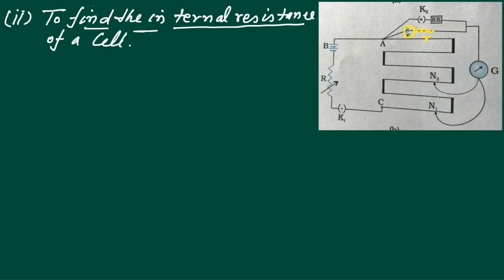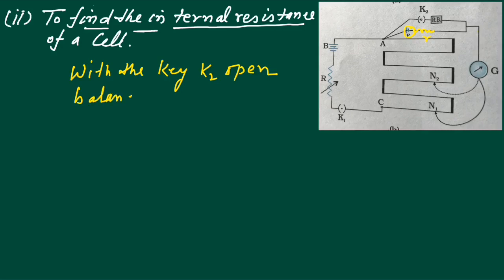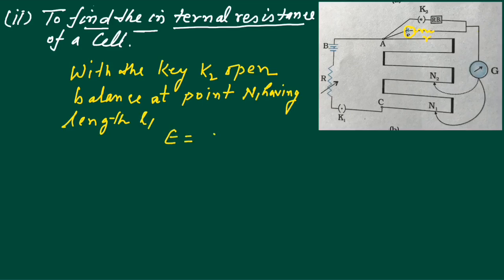With the key K2 open, balance is obtained at point N1 having length L1. So E equal to phi L1. This is equation number 1.